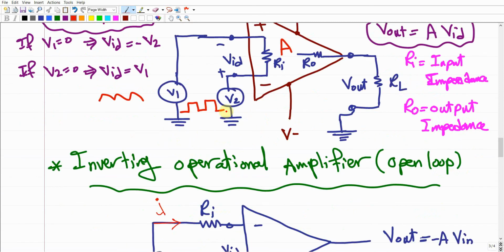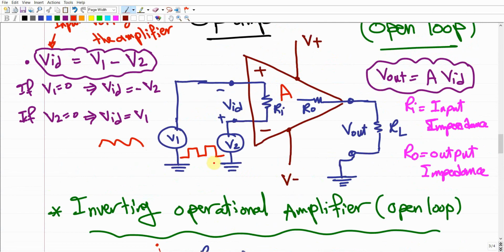So in practical use these 2 signals should have the same form and the same frequency, so they are kind of 2 identical signals. The difference is going to be in a few things, like the amplitude, or a little bit of difference in the frequency or the phase angle. So there is a small change or difference between these two signals. This is what we are practically using the amplifiers for, right?